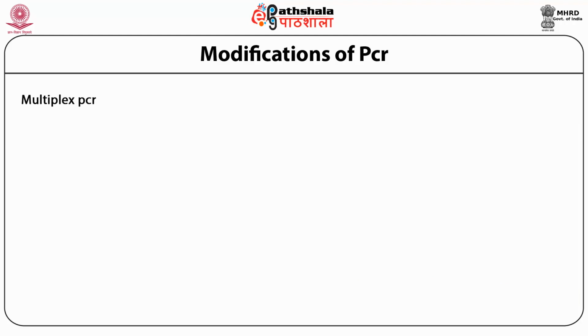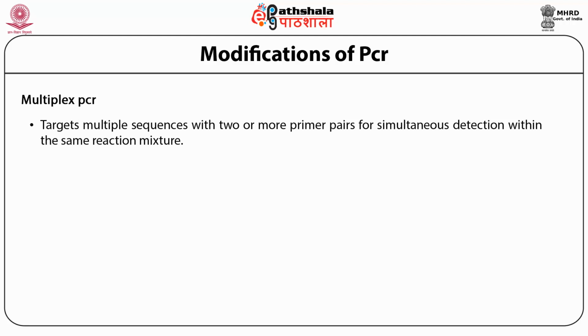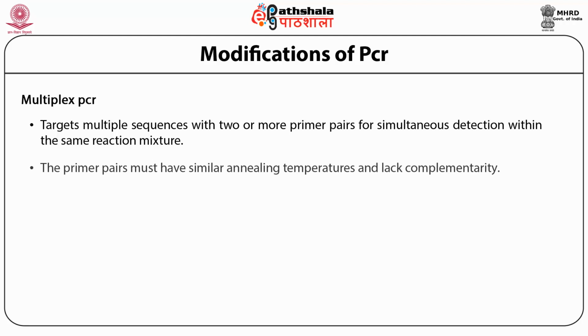Multiplex PCR is also an important tool for the clinician as it targets multiple sequences with 2 or more primer pairs for simultaneous detection within the same reaction mixture. The primer pairs must have similar annealing temperatures and lack complementarity.